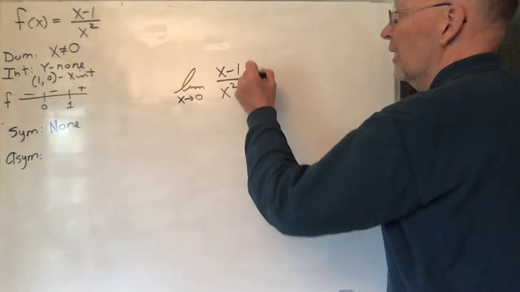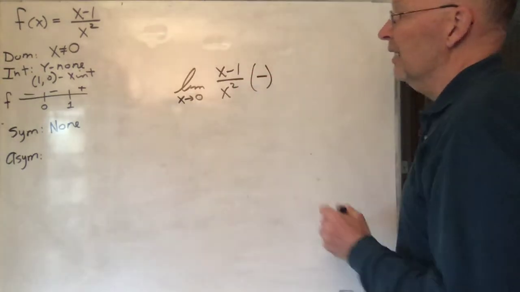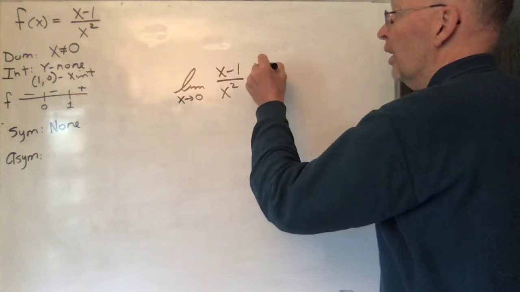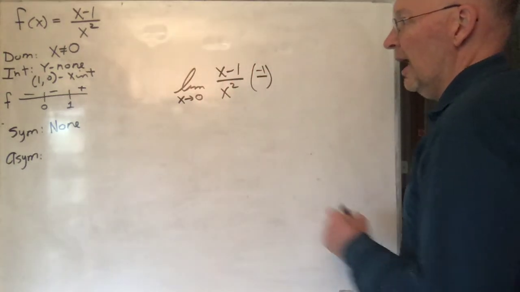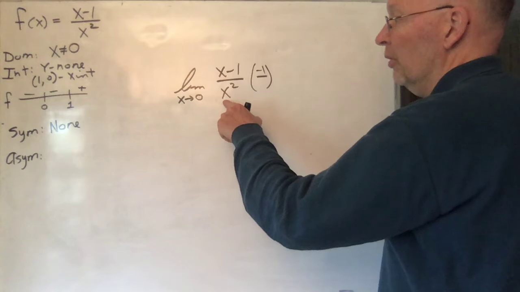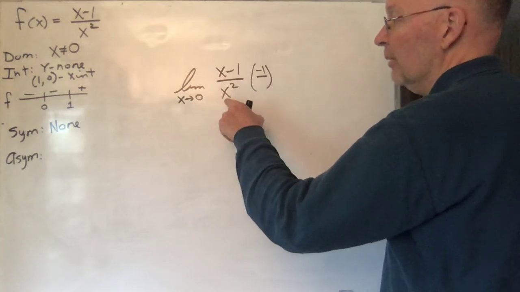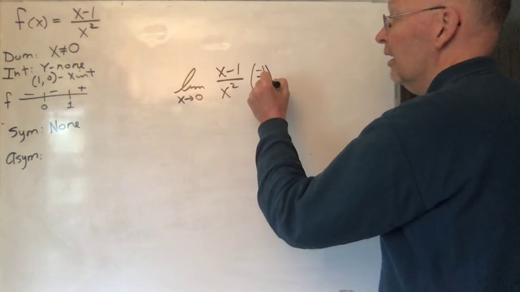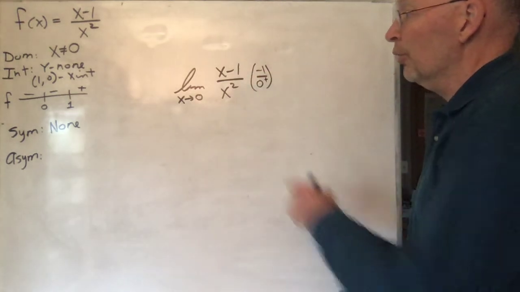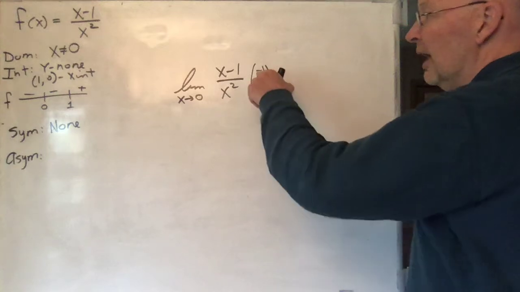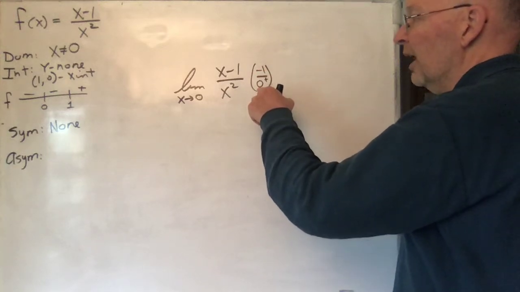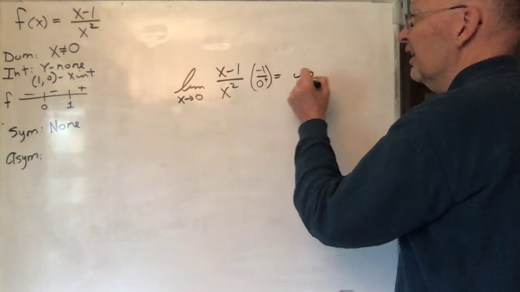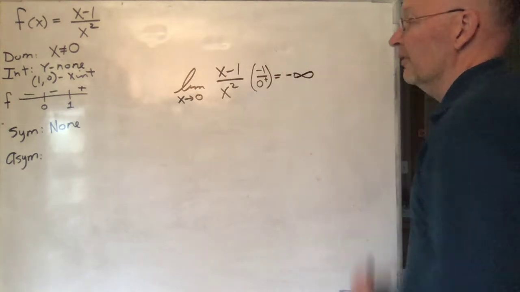As x approaches 0, the numerator is going to approach -1. And the bottom is going to approach 0, but this is very important: the denominator will always be a positive number, because you're always squaring it. So the top will be close to -1, the bottom will be going to 0, so the ratio is going off to infinity, and in this case it's going to be -infinity.